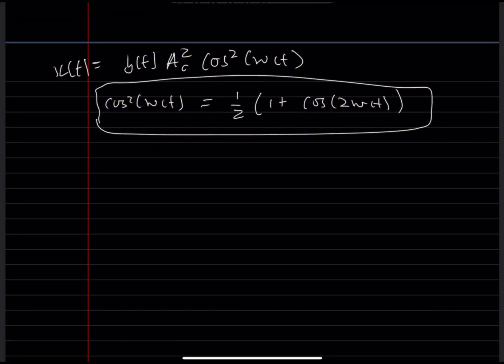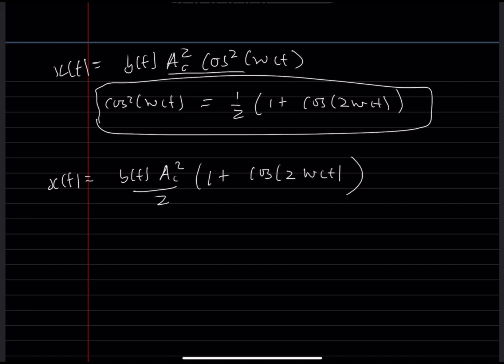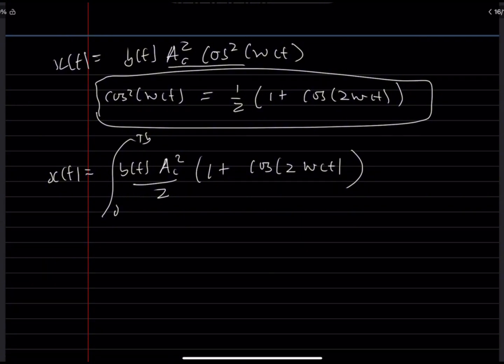When we use this to replace what we have here, we can see that S of t is equal to B of t multiplied by A_c squared over 2 multiplied by 1 plus cos 2 omega_c t. But remember that it's an integral from 0 to T_b that we are doing here.